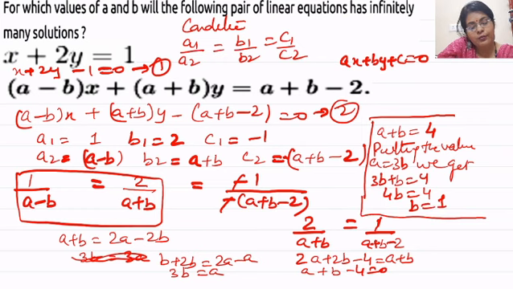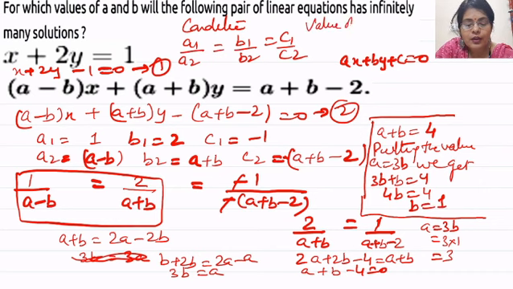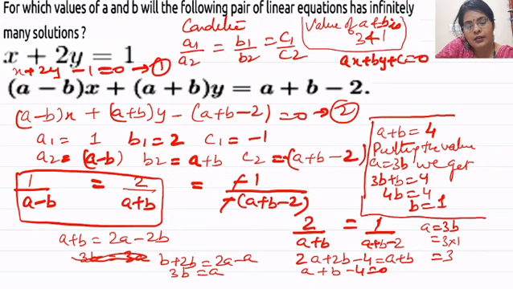And then what will be the value of a? a is equal to 3b is equal to 3 into 1 is equal to 3. So the values of a and b are: a is 3 and b is 1. This is the answer we were supposed to find.